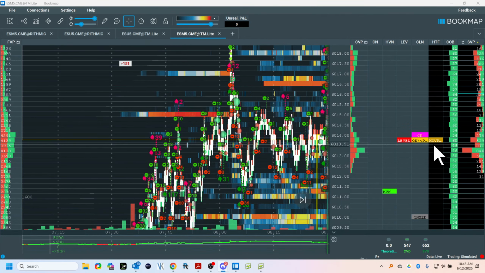Let's come back to the higher time frame. You have to see how pieces might fit together. What is this? I think I'm losing my mind. Here it is. Roughly 6013 is the fair price for this whole behavior.